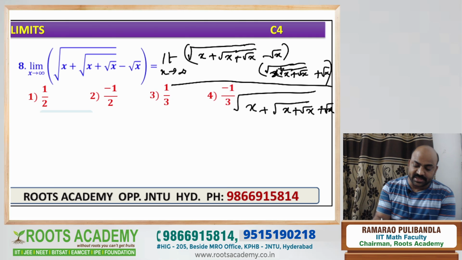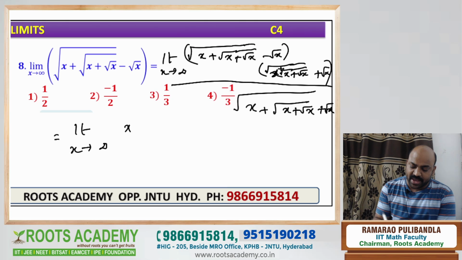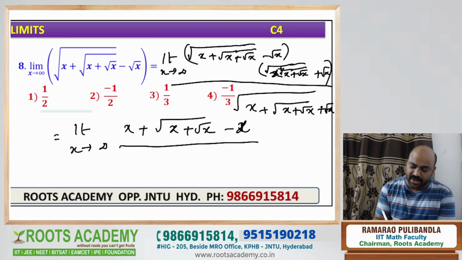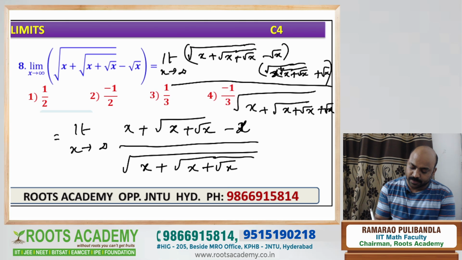So when I do it like this, what I will get is limit x tends to infinity, numerator will become x plus root of x plus root x minus x, a plus b into a minus b, by the denominator root of x plus root x plus root x plus root x, dear student.